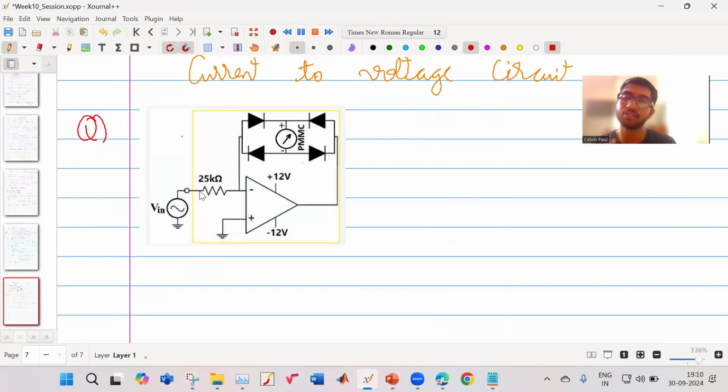When I looked at the circuit also, I was so scared. Like, what is this circuit? How am I going to solve this complicated circuit? Okay, so let us break it down step by step.